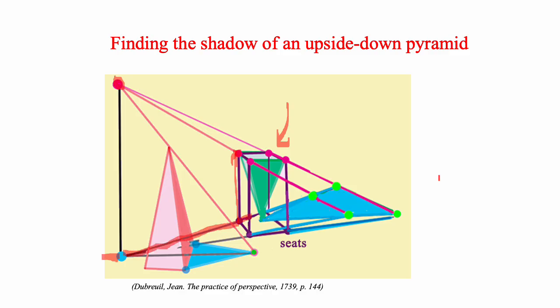And we continue that until we find the intersection of the light from the top of the seat going down. So this will be a point on the shadow. Similarly, we can draw a line through this seat and continue it until it intersects the light from the top of the seat.